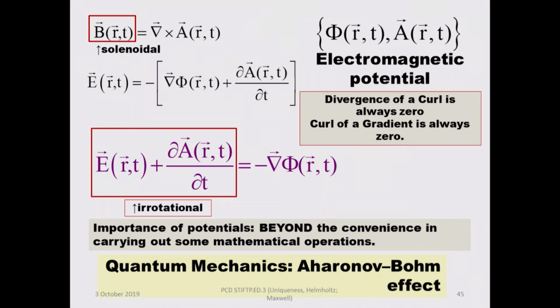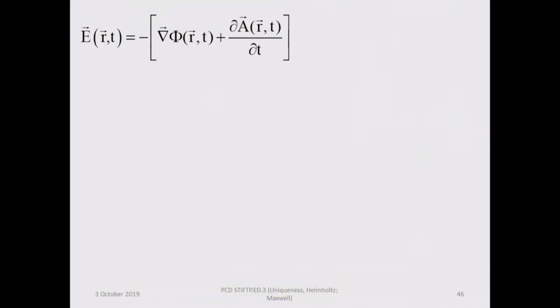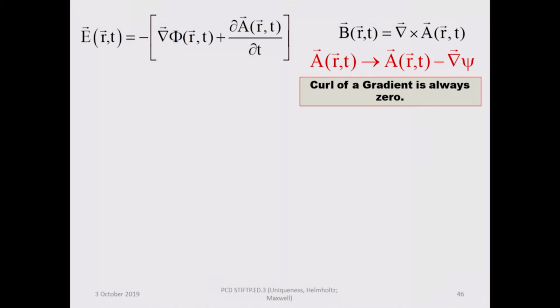So what is important about potentials? Why should I even study them? So it turns out that in quantum mechanics the potentials in fact become even more important. And there is a famous experiment by Aharonov-Bohm, what is called the Aharonov-Bohm effect. I will discuss it when we discuss quantum mechanics, and they will make the potentials even more important. So we need to prepare ourselves for that.